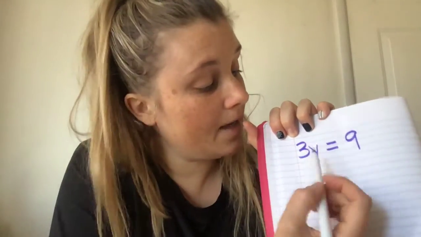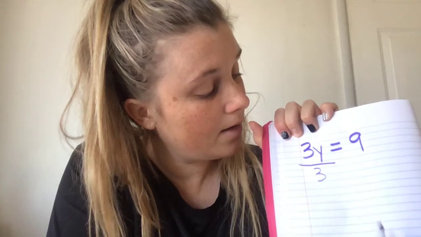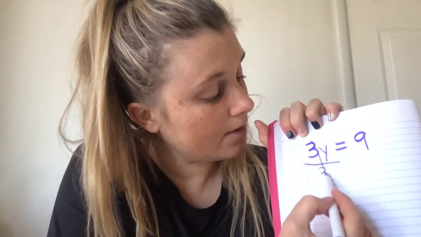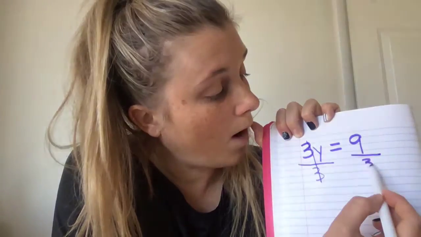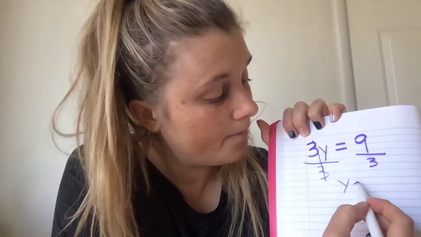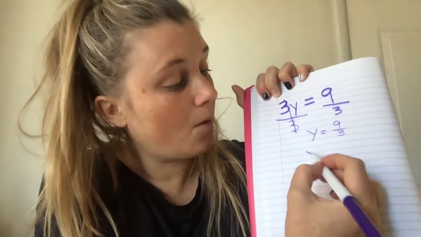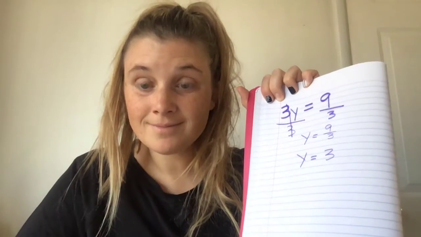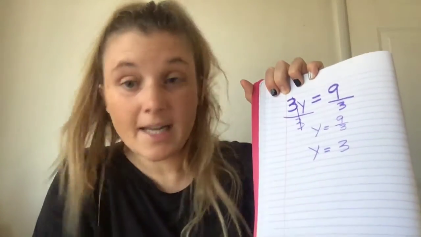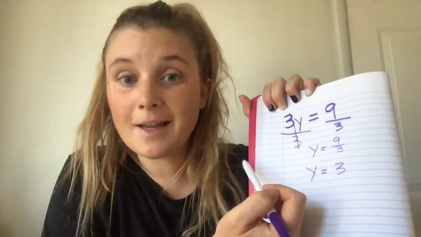Well, let's divide by 3. If we divide by 3, that's going to get rid of this 3, and we just have y. y will equal 9 divided by 3, so y will equal 3. Now we see, does that make sense? 3 times 3 equals 9. Yep, it makes sense.